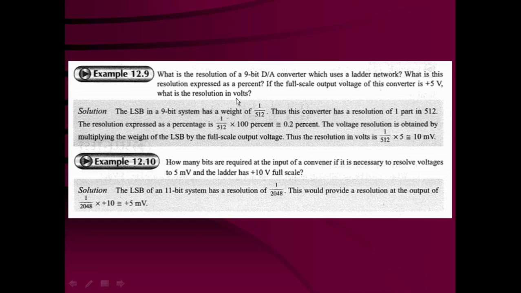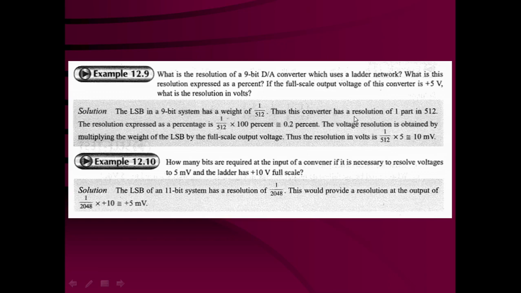in volts? So, the resolution of the 9-bit D to A converter depends upon the weight of the LSB, and for the binary ladder network, the weight of the LSB is 1 upon 2 raised to n, that means 1 upon 2 raised to 9, that is 1 upon 512. So, the LSB in a 9-bit system has a weight of 1 upon 512.